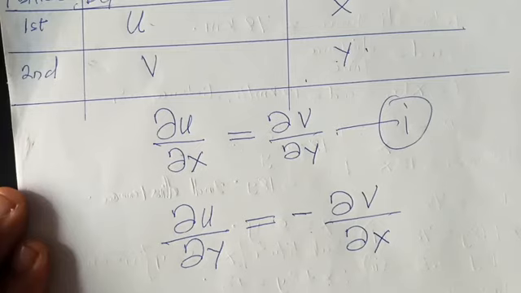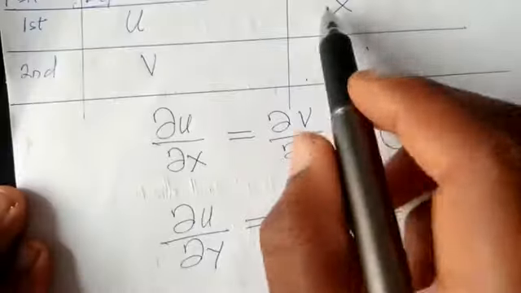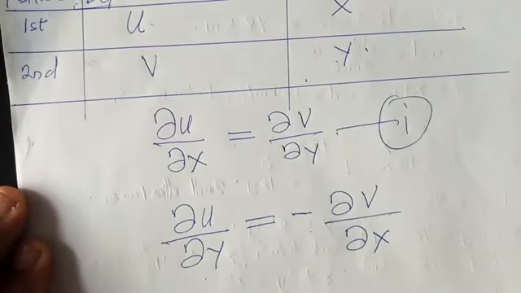One major trick here is this: the first row, that is the first position, del u over del x in the first position, is equal to del v over del y. Then when you cross from the first position of the dependent variable to the second position of the independent variable, then you are looking for a negative, because it should be first over first and second over second.